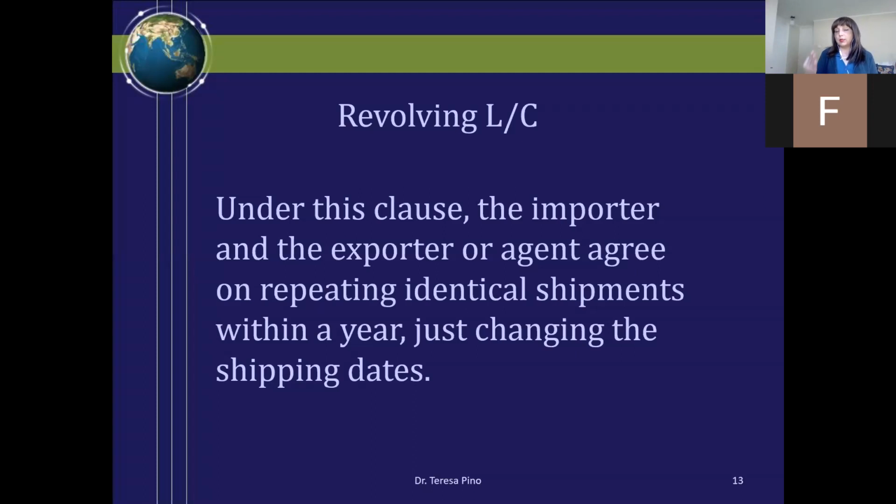So you got 3 identical shipments. That means that the letter of credit approves the money for the 3 shipments. However, it doesn't make the payment for all 3. It pays per shipment. Okay, we're going to see this one in detail also.